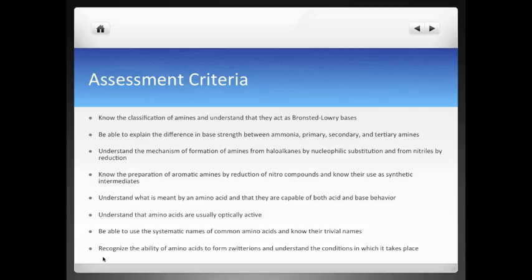And you'll have to understand the mechanism of the formation of amines from haloalkanes and the preparation of aromatic amines. You'll find out a little bit about amino acids and identify the fact that they're usually optically active. And we'll also look at zwitterions, or Zwitter ions, and understand the conditions in which they take place.